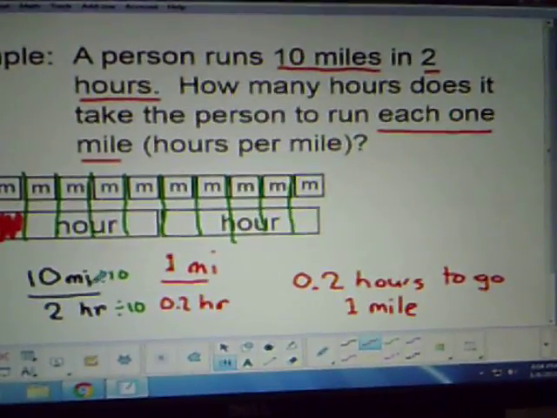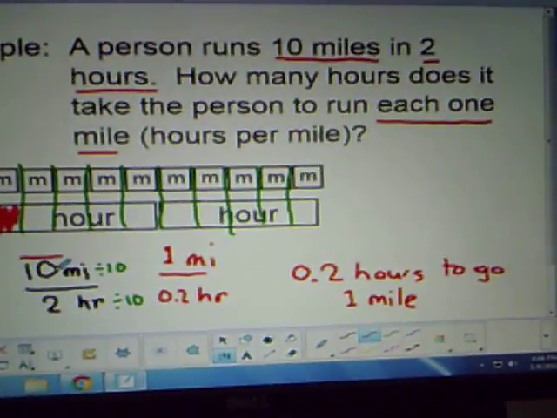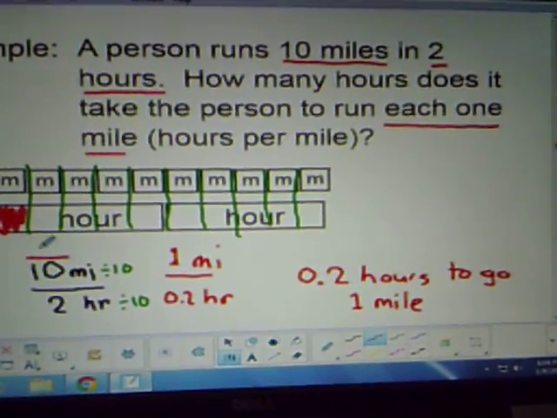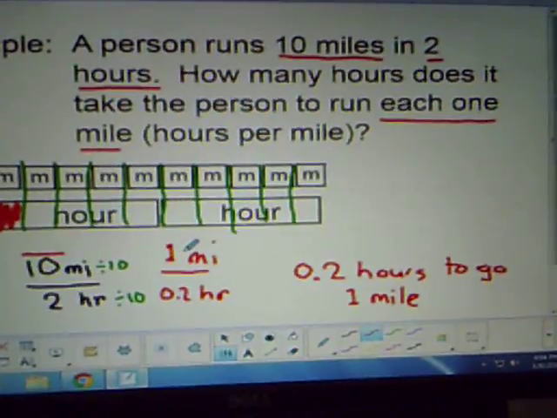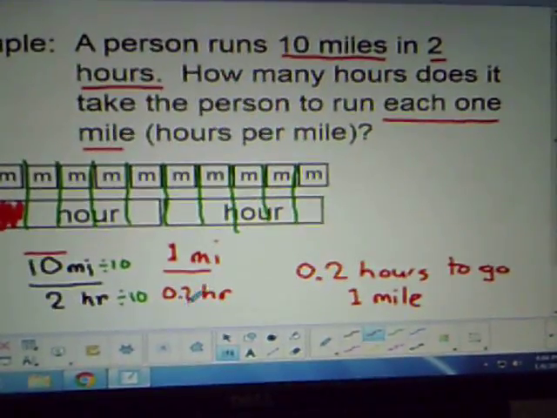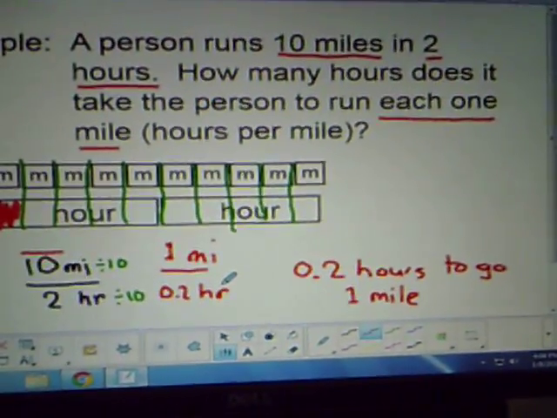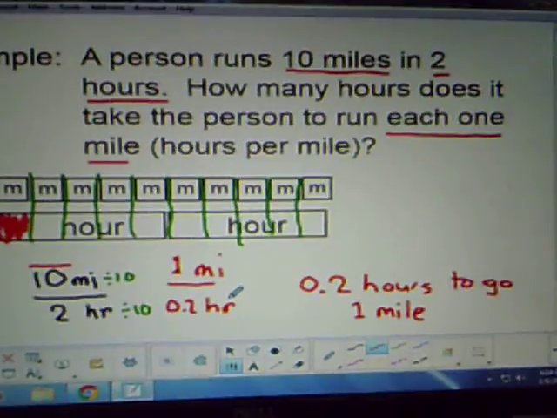So that's why we divide by this number, the miles number, which is 10. Okay? So, when we do that, we get that 1 mile, it takes them 0.2, or in other words, 2/10 of an hour.